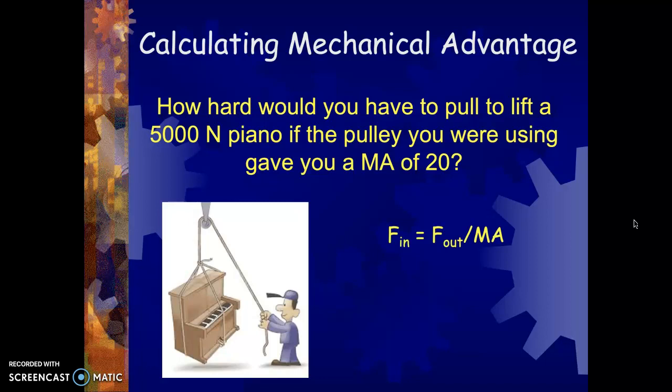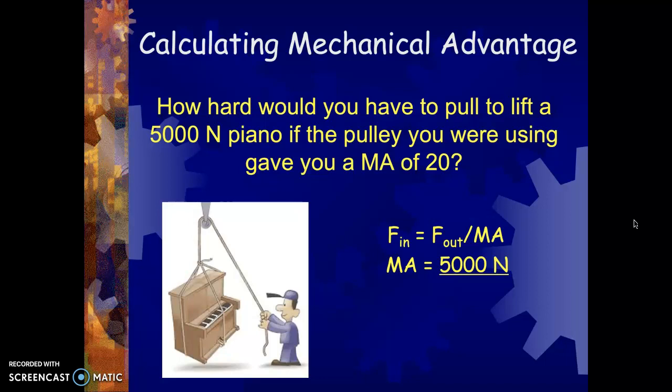So what we are finding in this particular case is the force in. To find force in, you just take the force that the pulley is putting out and divide it by its mechanical advantage. In this case, we know that the force out has to be equal to the weight of the piano, so 5,000 newtons.